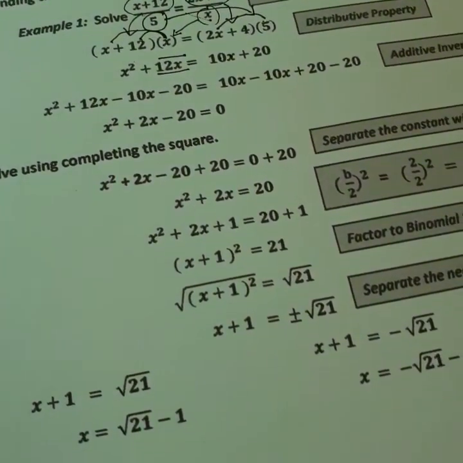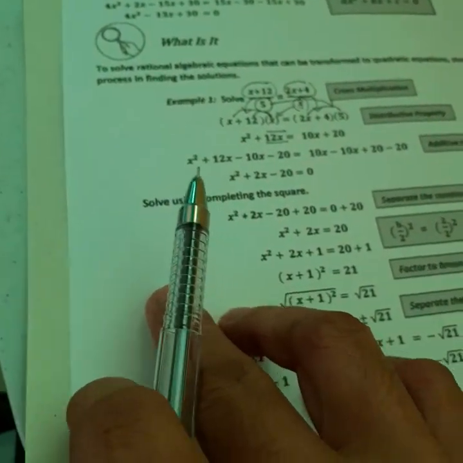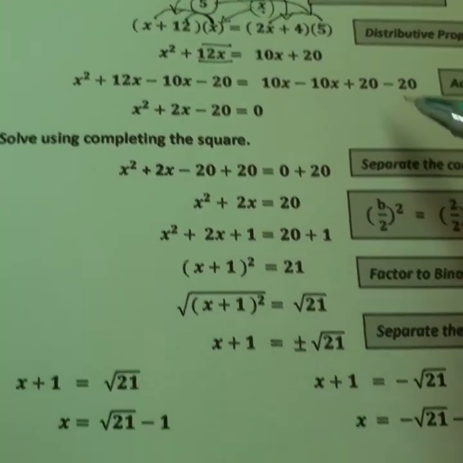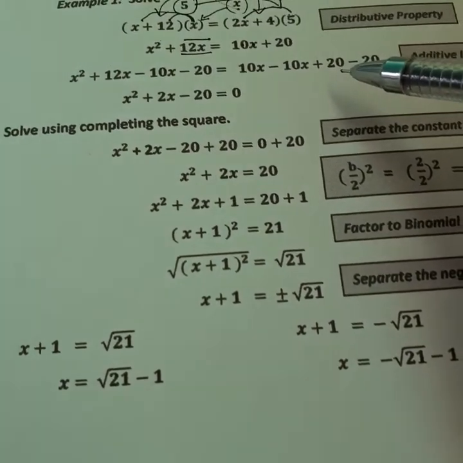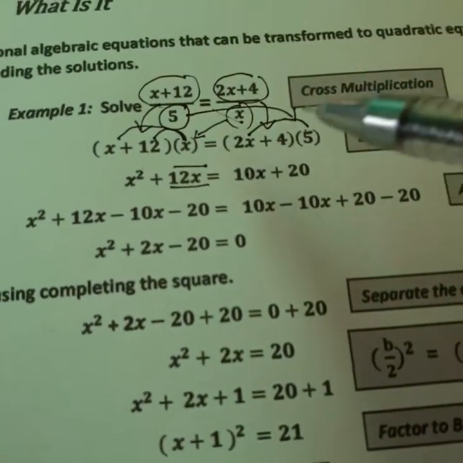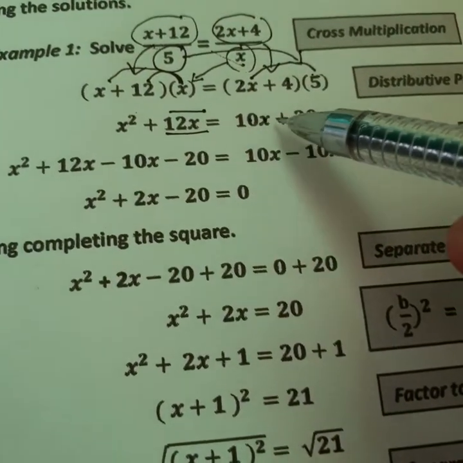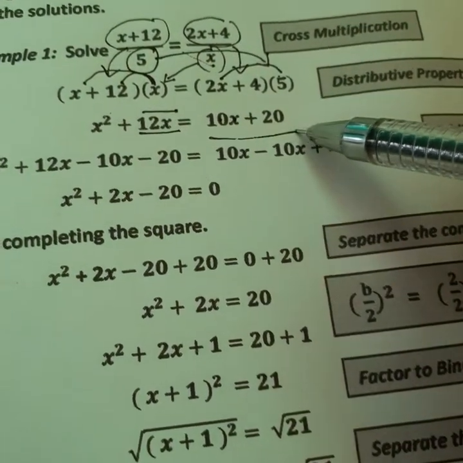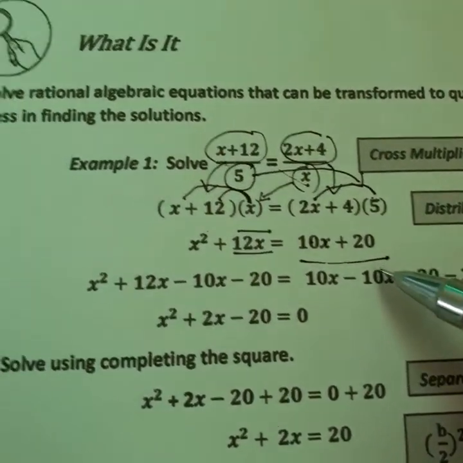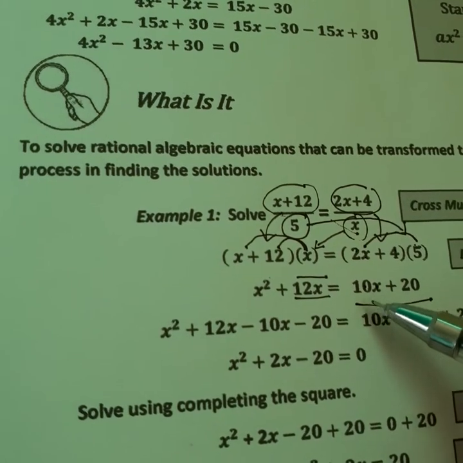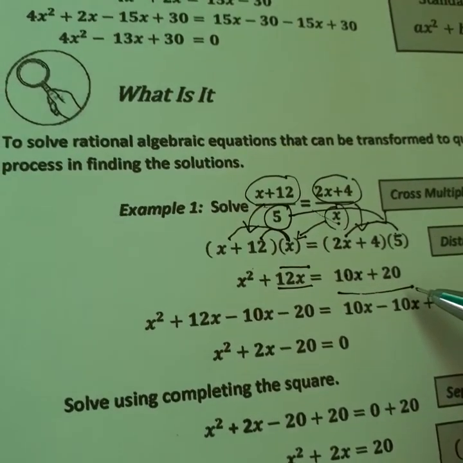Next step. Since we're going to solve this or transform this into quadratic equation, we're going to make this term, 10x plus 20, into how? We're going to make this one 0. Okay, how?